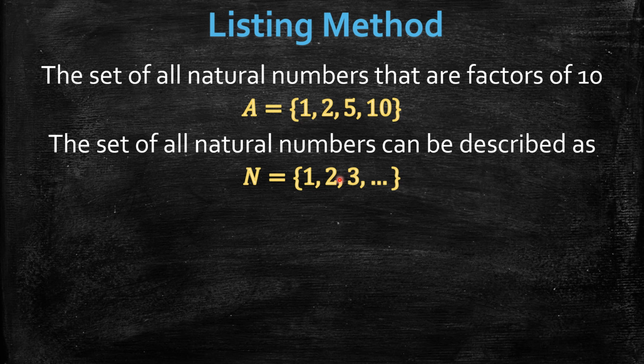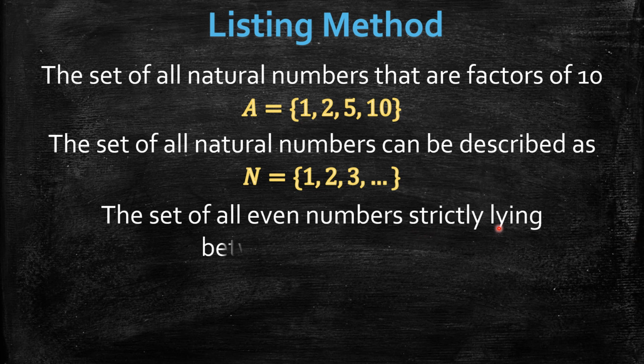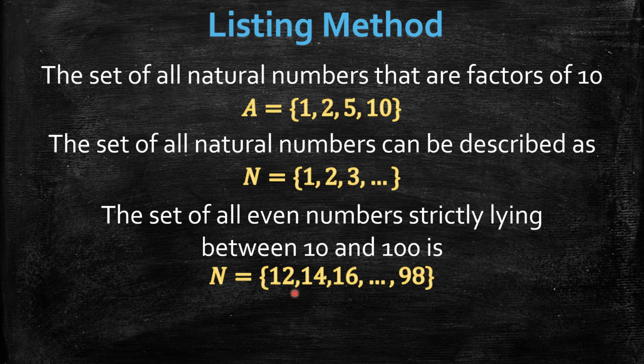Similarly, the set of all even numbers strictly lying between 10 and 100 is, first I am writing the phrase, the set of all even numbers strictly lying between 10 and 100 is n equal to, so you can take another name also. I have taken n, but I think it will be good if I take another name.